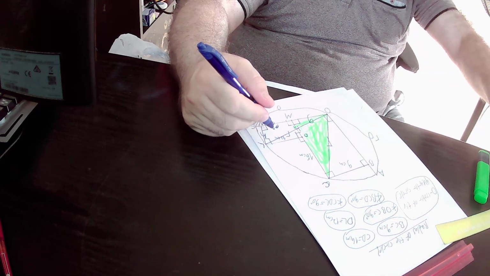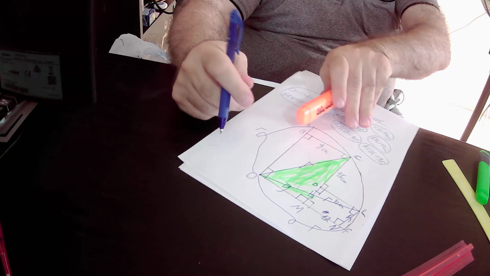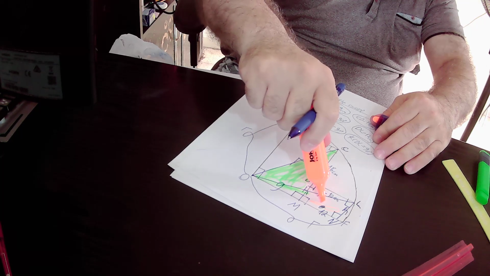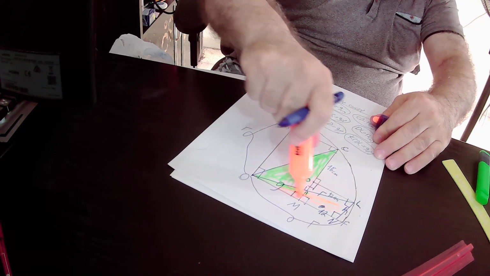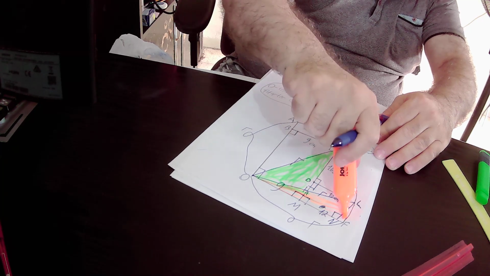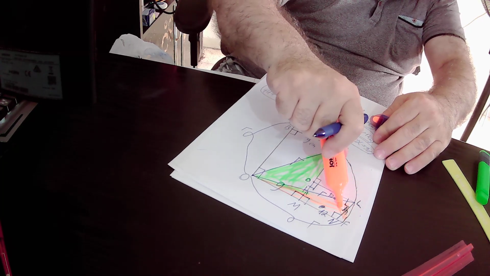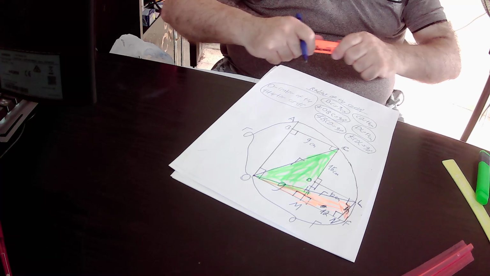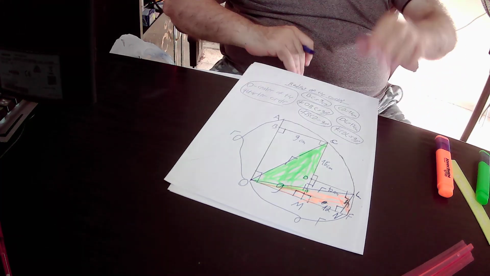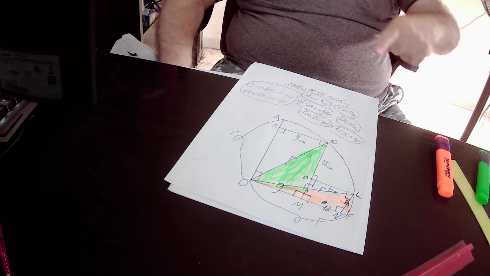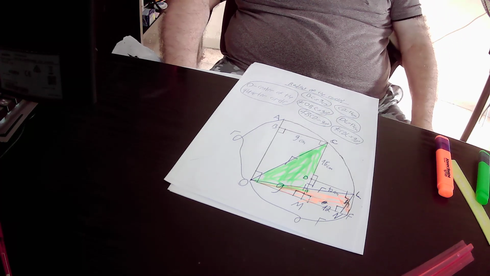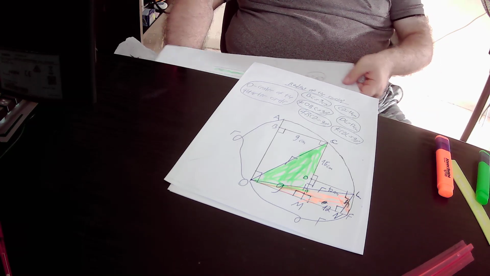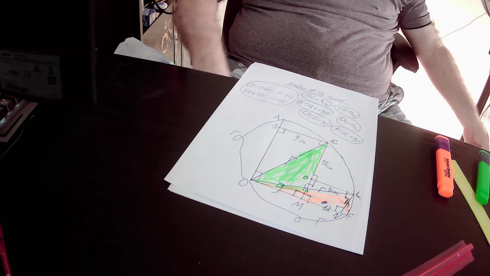In the next step, we'll implement the Pythagoras theorem on the right orange triangle O and L. Here, the hypotenuse OL equals R. So according to the Pythagoras theorem, the square of the hypotenuse equals the sum of the squares of the perpendiculars.